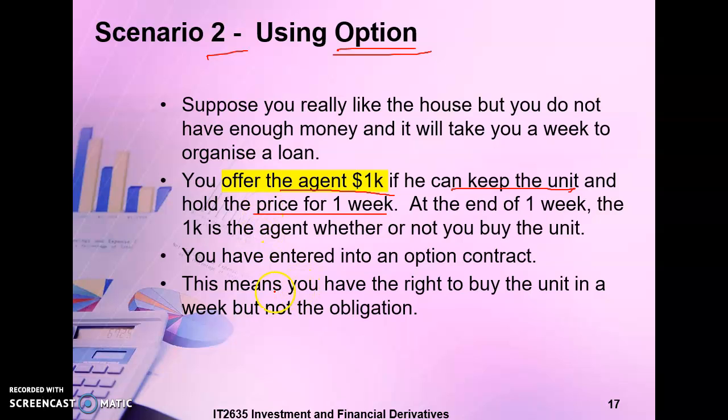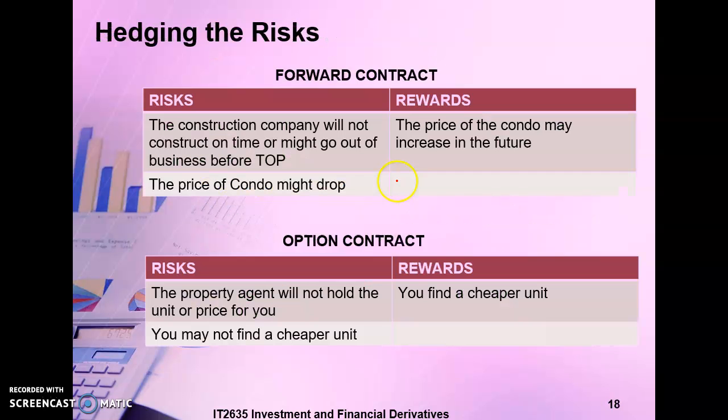The option gives you the right to buy the unit, but no obligation. So you can still walk away, but the only problem is if you walk away, you stand to be penalized for that $1,000 deposit. So this is the option. It's unlike the forward contract just now, where you have to go through. There's no way out.